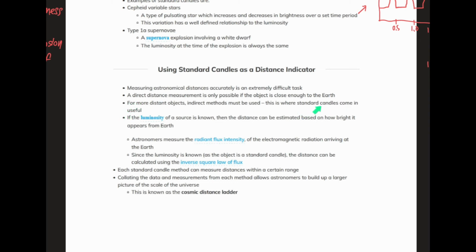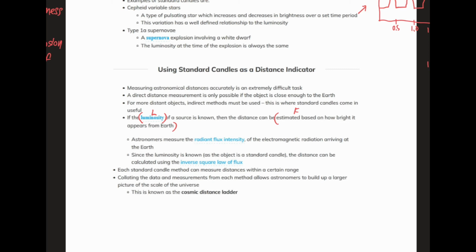So we use the standard candles to find out the luminosity. If the luminosity of a source is known, then the distance can be estimated based on how bright it appears from Earth. And this is the F. So you get the luminosity, the L, from the standard candles. Then you estimate the brightness as it appears from Earth. This is the F. So you get the L, you get the F, then you use that formula to find the distance.